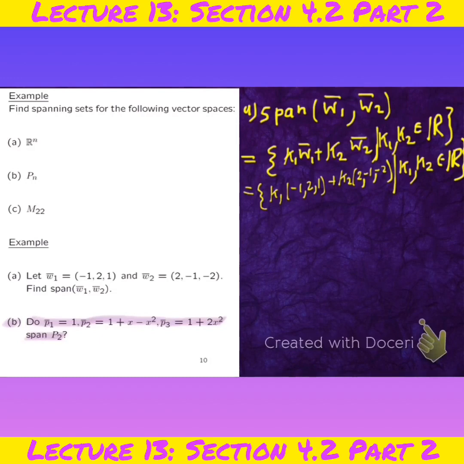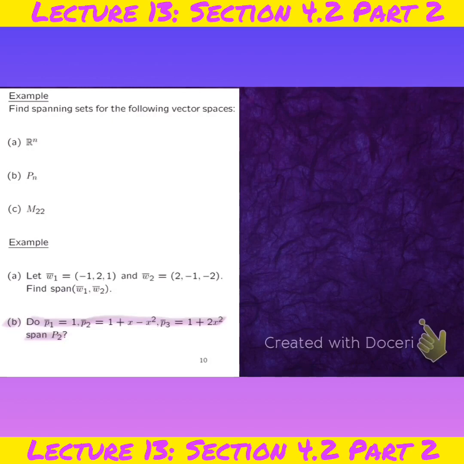Now, for us to answer the question, we need to know the definition of span. The span of a set of vectors is just the set of all linear combinations of that set of vectors.